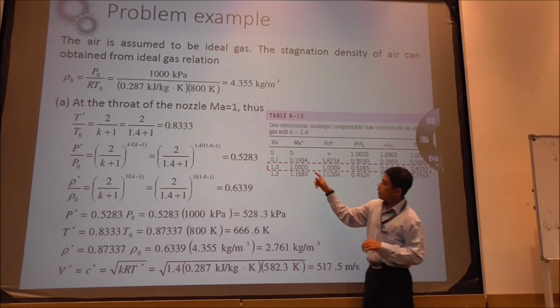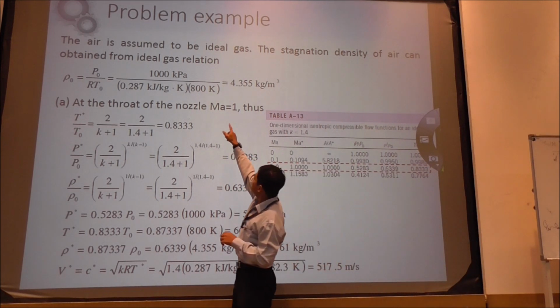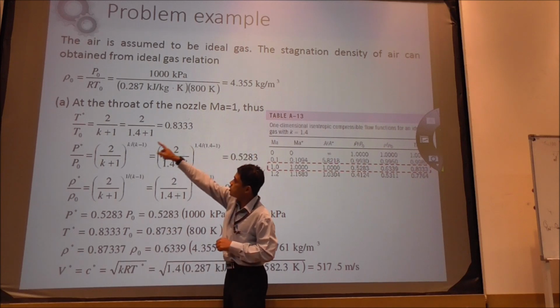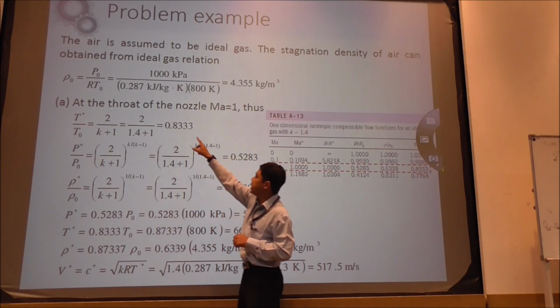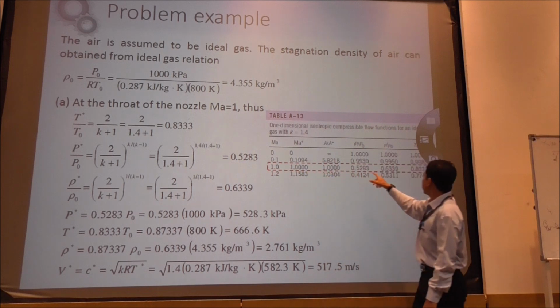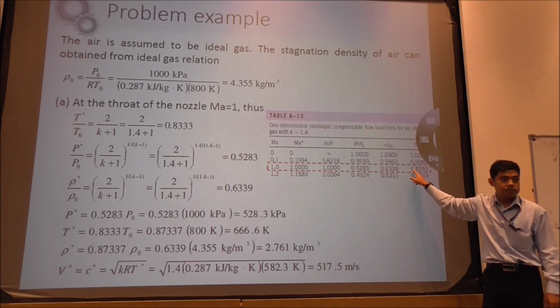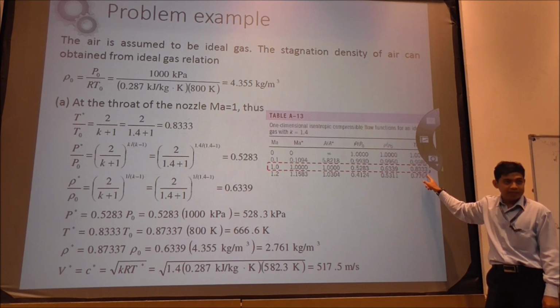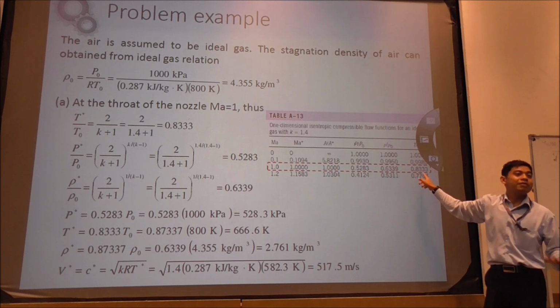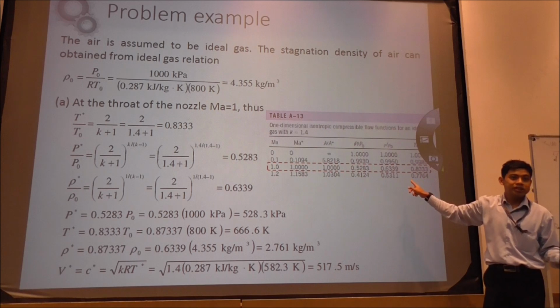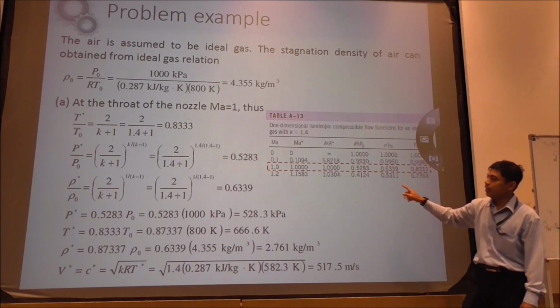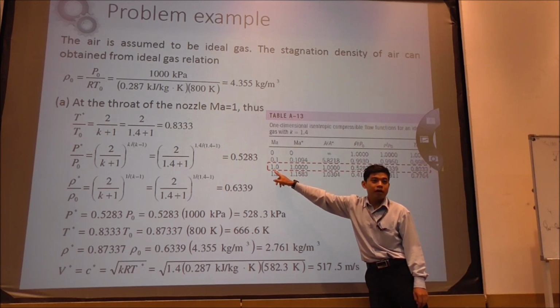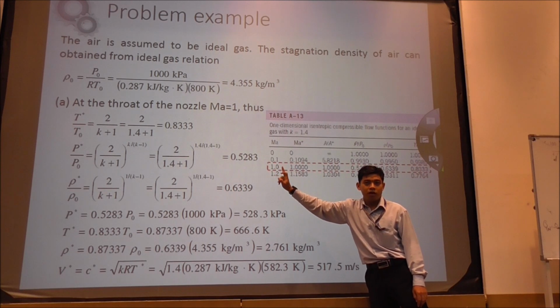Right? So you can see that at the throat when the Mach number is equal to 1, T star over T naught is 0.8333. If you look here, it's exactly the same, 0.8333. Okay? But if I may suggest, try what happens if you have Mach number 1.1.